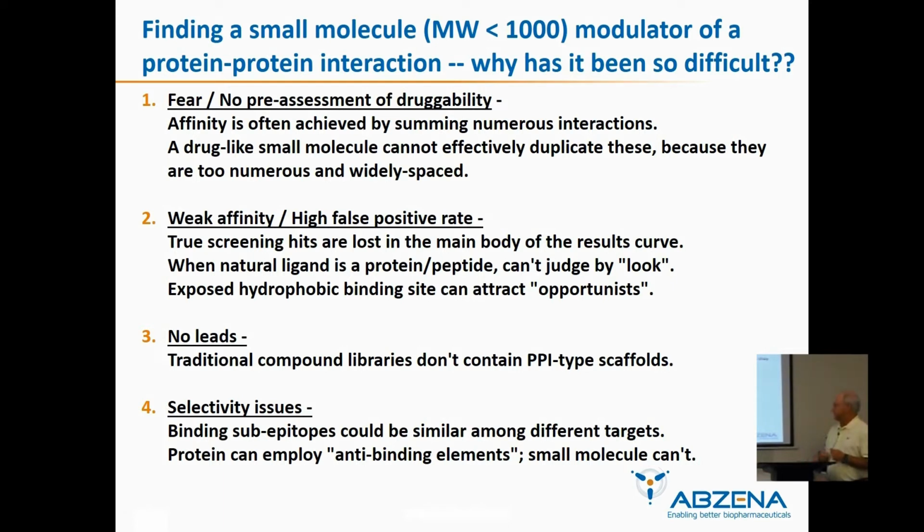Selectivity is something downstream you might worry about. Proteins can have protrusions that will keep away the unwanted partners, but a small molecule really isn't big enough to have something like that. So you worry about promiscuity and toxicity due to non-selectivity.